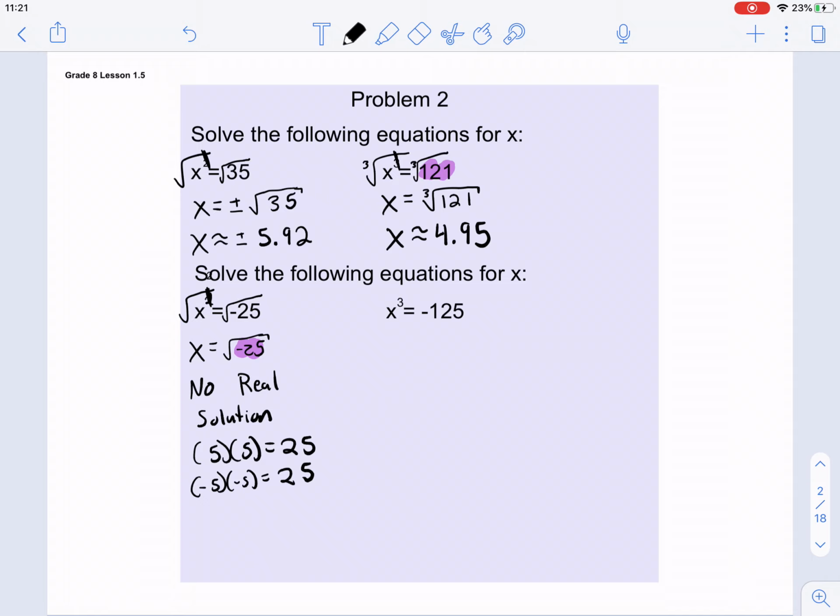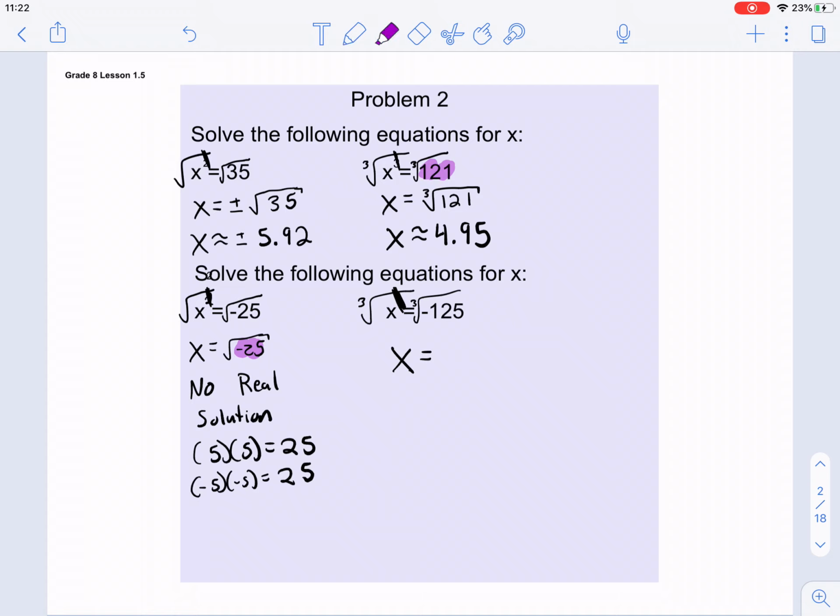And the next problem, x to the third power equals negative 125. Again, we're going to solve this, so I need to get rid of that cubed. To do the opposite of cubed, I'm going to take the cube root of both sides. Now the cube root and the cube cancel out, so I'm just left with x equals the cube root of negative 125.